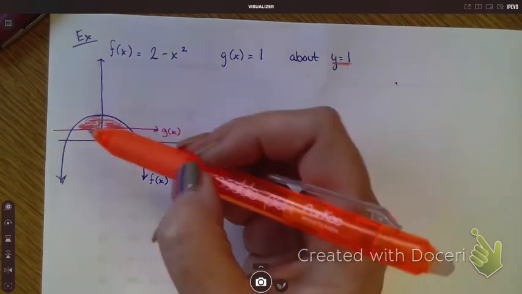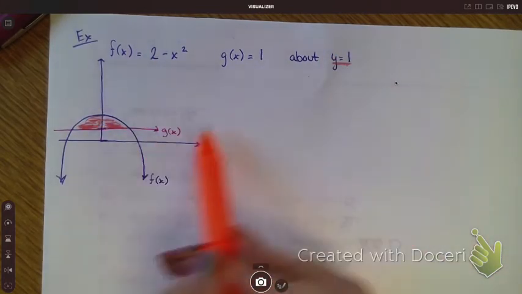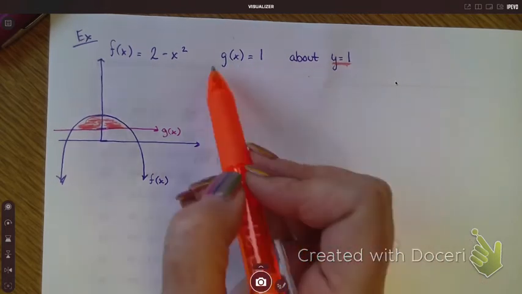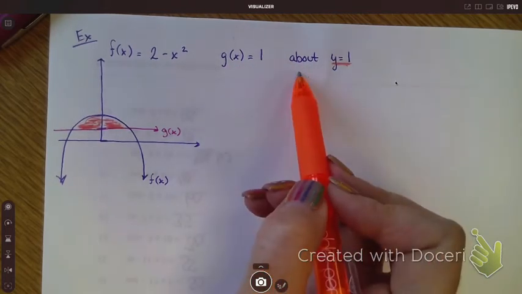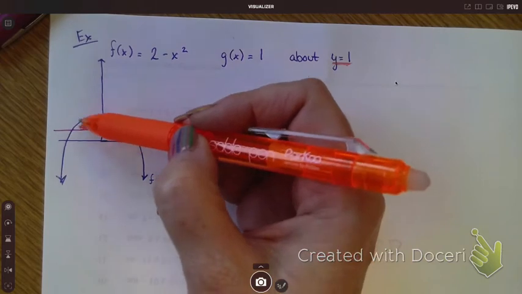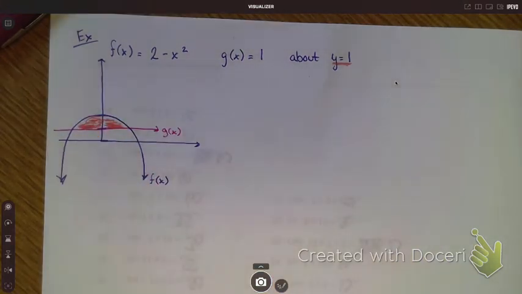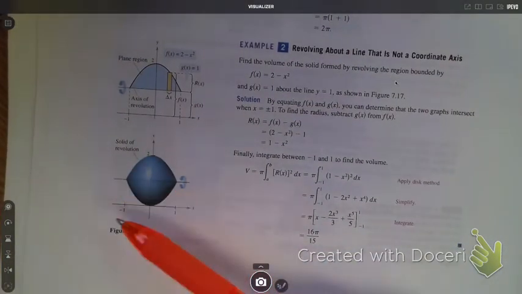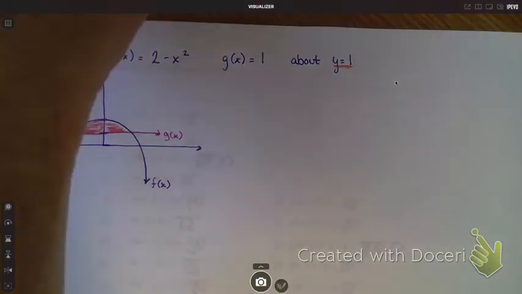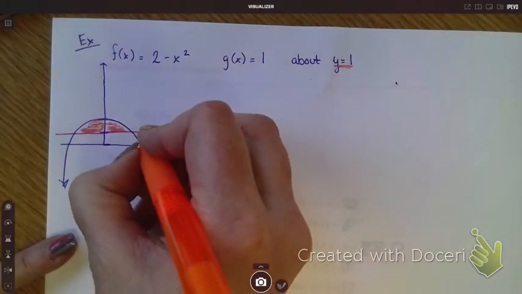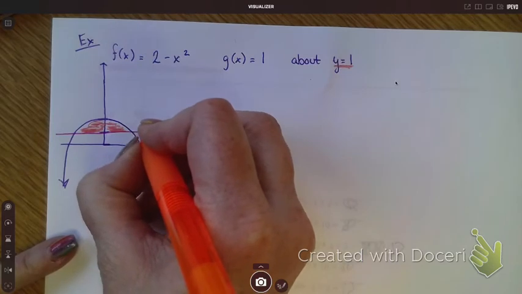So this y equals 1 and g of x equals 1, that's the same line, isn't it? So we're going to take this and just revolve it. Now, mine doesn't look as neat as the picture. Here's their picture, and they're zoomed in and all sorts of stuff. But it gives me an idea, and I usually write my thing here so I can keep my brain straight.